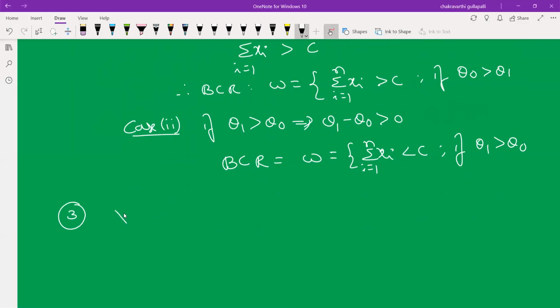Example 3. X follows N of mu comma sigma square.